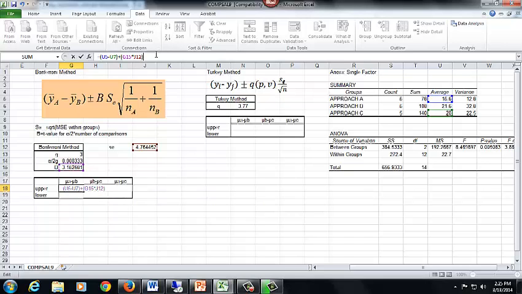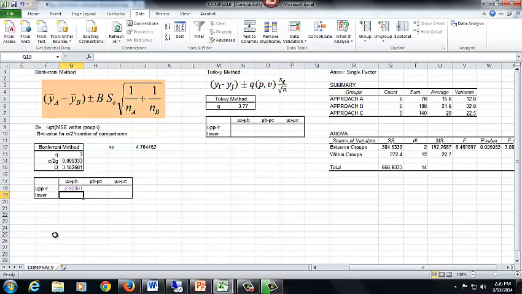All of that times the square root of 1 over 5 observations here in A plus 1 over 5 observations here in C, and I want all of this to be in parentheses to show that this entire second term is going to be added onto there. And I get negative 2.9 as my answer.